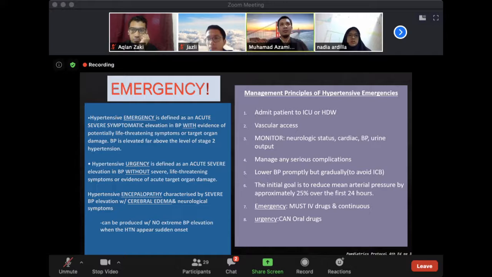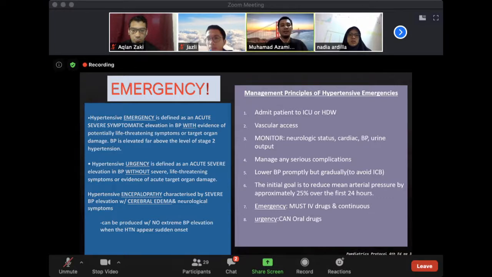So when you do the BP, it's persistently high, and then you do further investigation, and then you dapat diagnosis of PKD. As I said before, hypertension in children is sometimes just a silent hypertension, so they don't really have a specific sign.